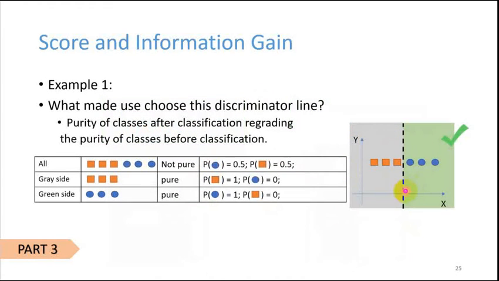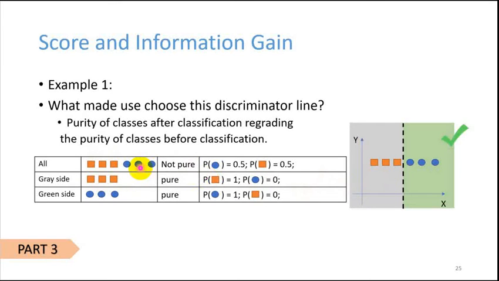You can consider the purity as the probability of one label in each class. You can see that before classification, the labels were not so pure. After classification, you can see that the labels are pure.